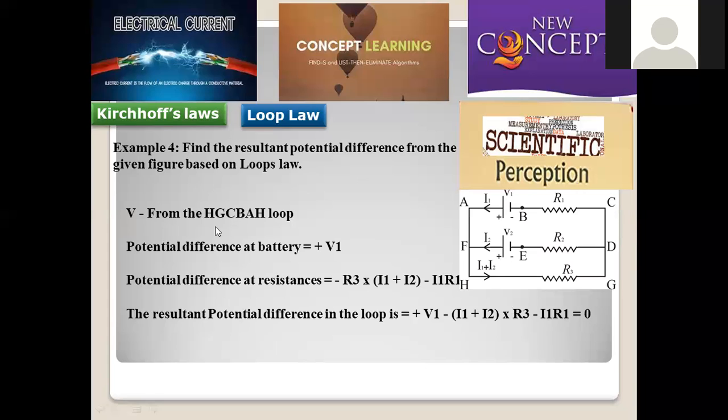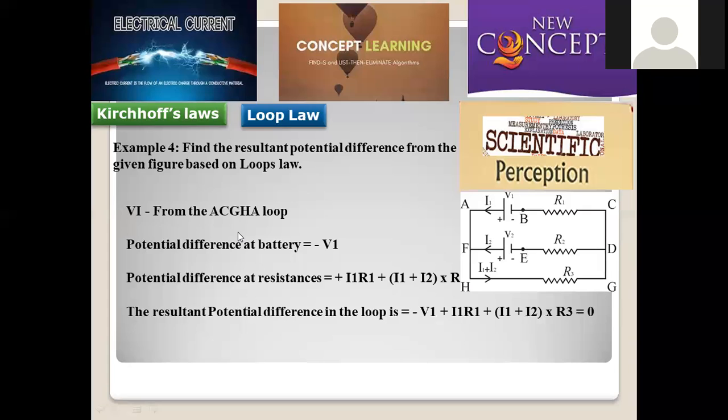This is the another loop which is provided in example number 4. And even we have a sixth. How can we assign the sixth? Just reverse to that one. We are taking the loop from point A: A, C, G, H, A. From this A point onwards, we are moving in this right hand side direction. If you are moving in this direction, how many batteries are there?